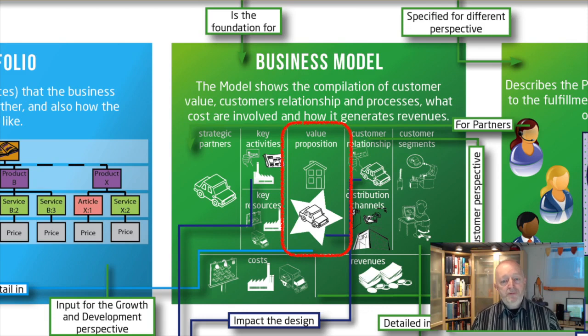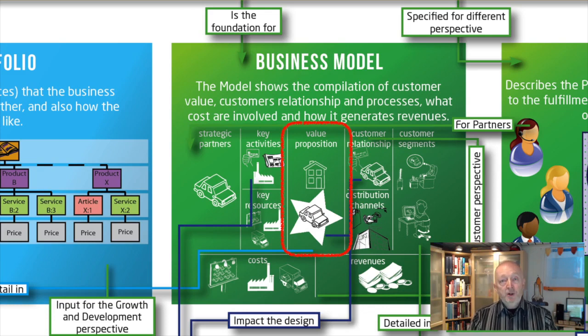So the value proposition describes what you deliver in detail. And if you look to the left of the screen, you see the portfolio, and that's the product portfolio. And you see that there goes a blue line from the value proposition over to that product portfolio component. And we're going to talk about the proposition that is described in the product portfolio in an upcoming video.